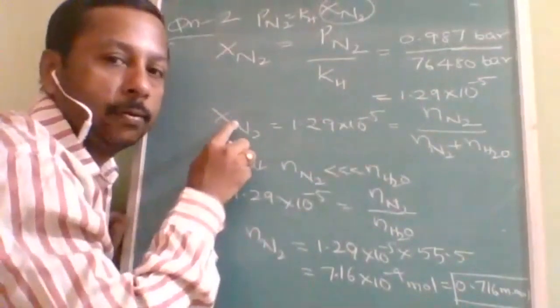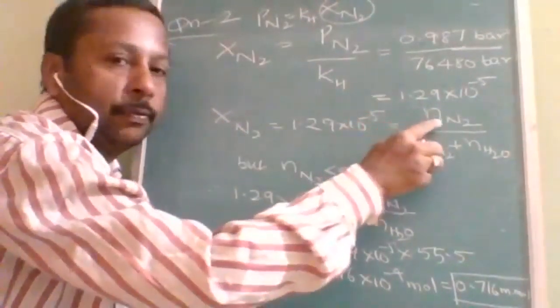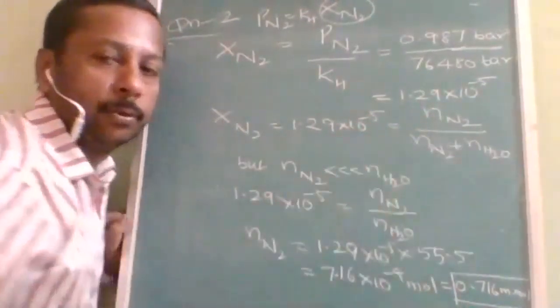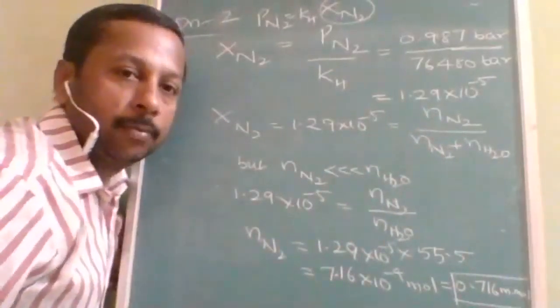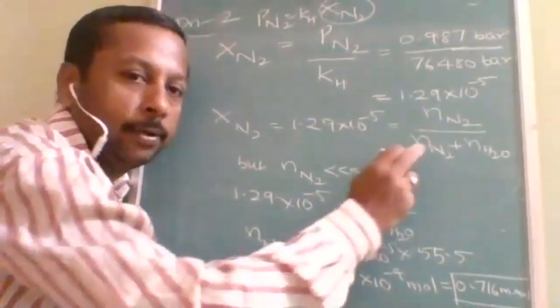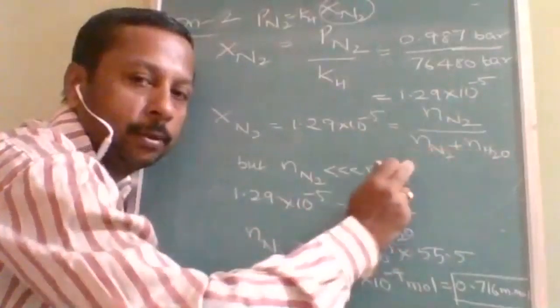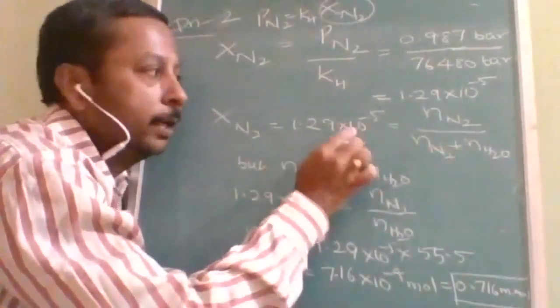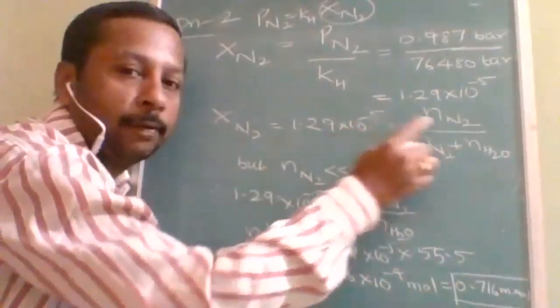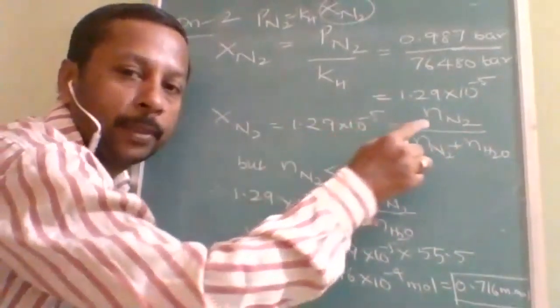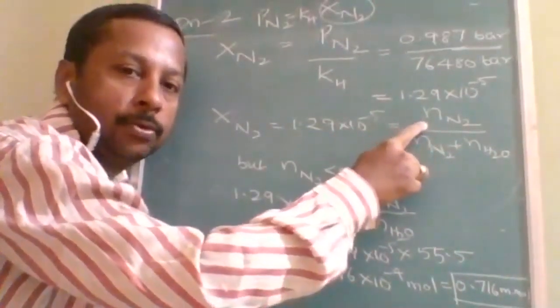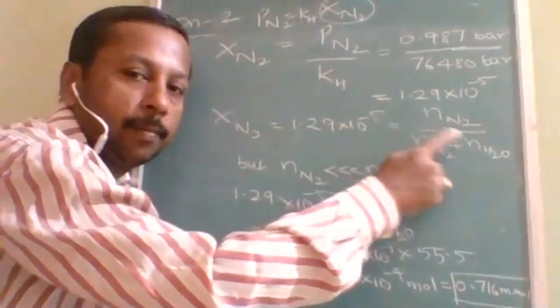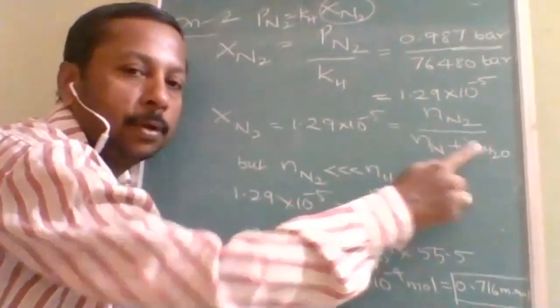Mole fraction is equal to the number of moles of N2 divided by the total number of moles. Here two components are there: nitrogen and water. With 10 to the power of minus 5, the mole fraction is very less. That means the number of moles of nitrogen is negligible in comparison to the number of moles of water.